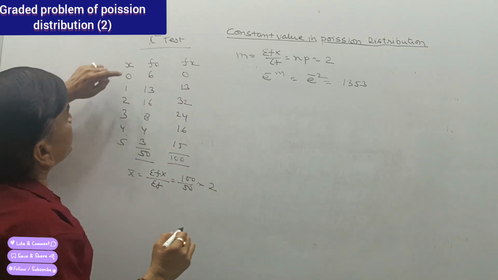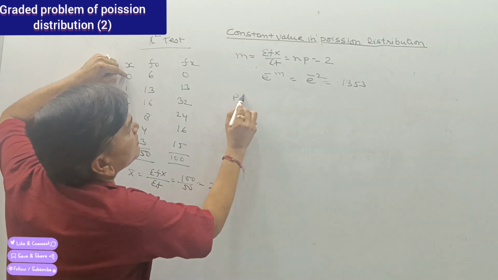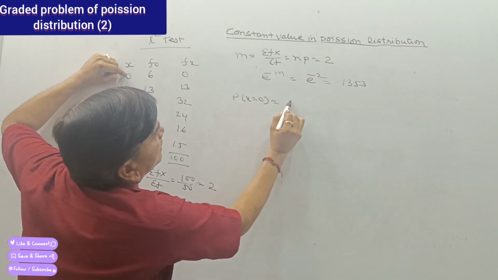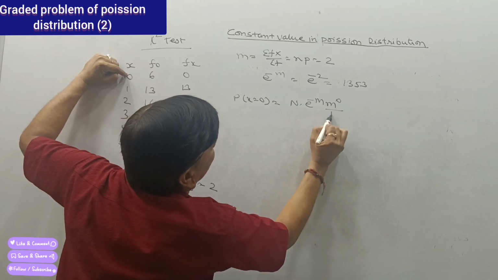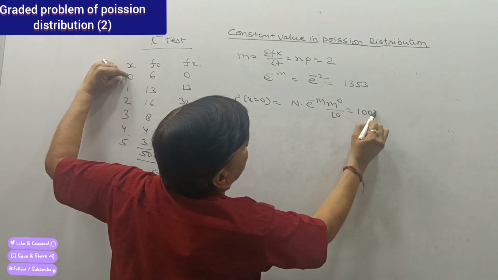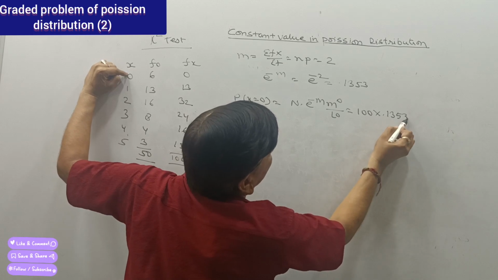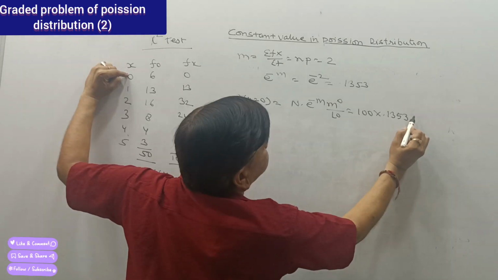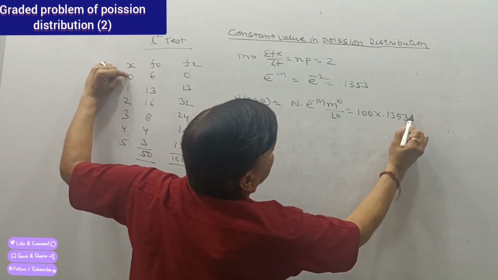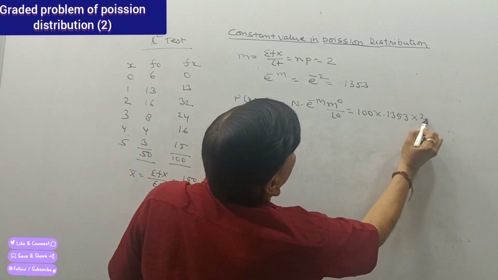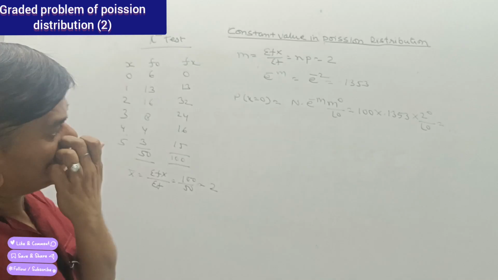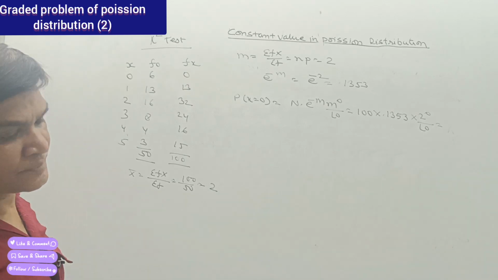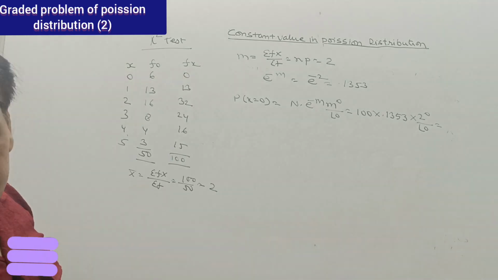So among 100, firstly we are calculating zero defective, that is n e raised to power minus m, m raised to power 0 upon factorial 0. So that is 100 multiply 0.1353 multiply 2 raised to power 0 upon factorial 0. So that is 13.53.